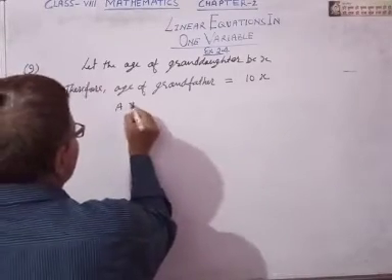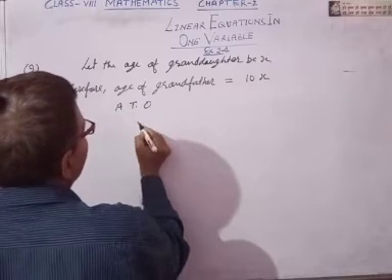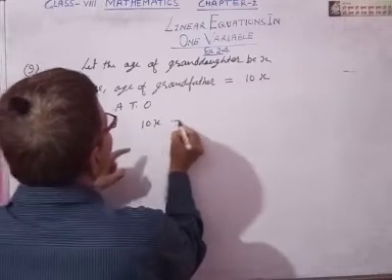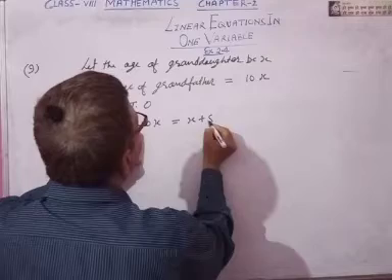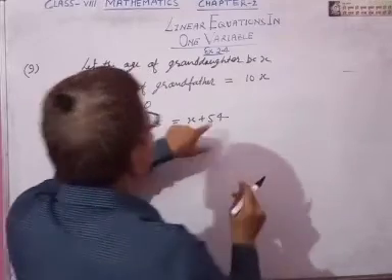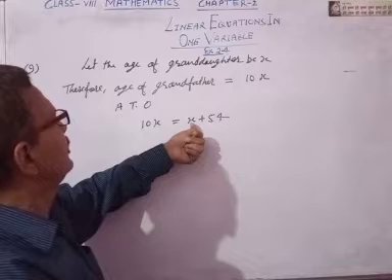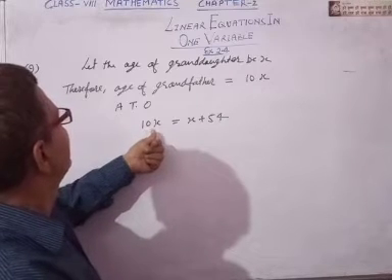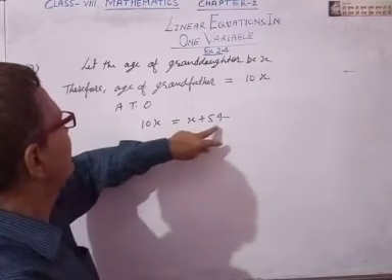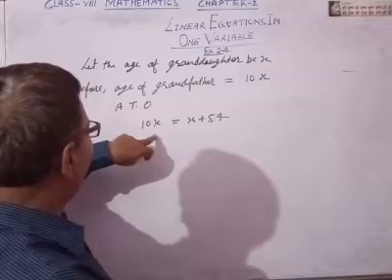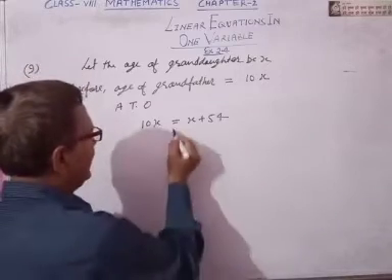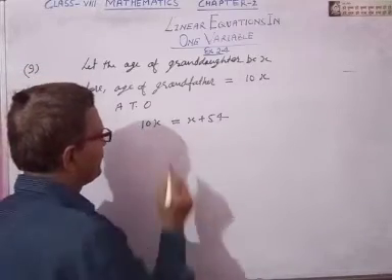According to the question, grandfather is 54 years older than his granddaughter. So when we add 54 to granddaughter's age, it will be equal to the grandfather's age. 10x equal to x plus 54.